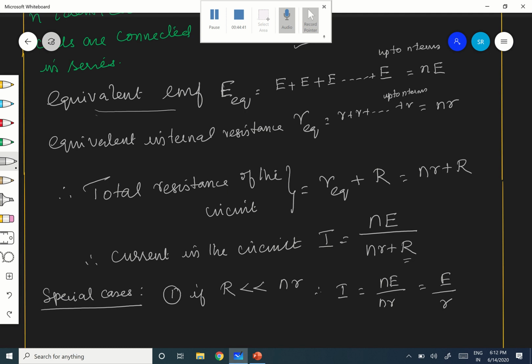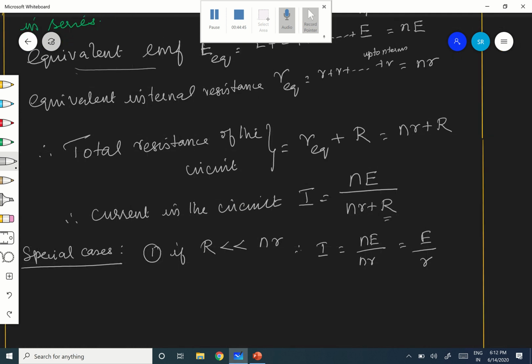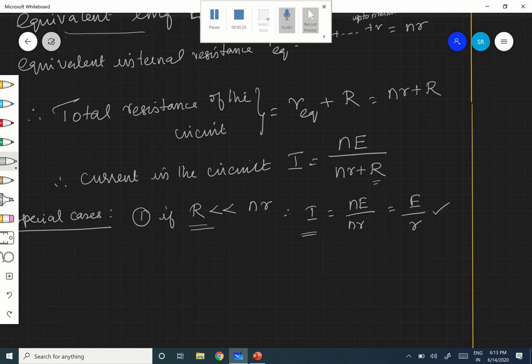So though you have connected n cells in series, the total current is the same as the current drawn from a single cell, E by r, when the external resistance is very much less than the net internal resistance.